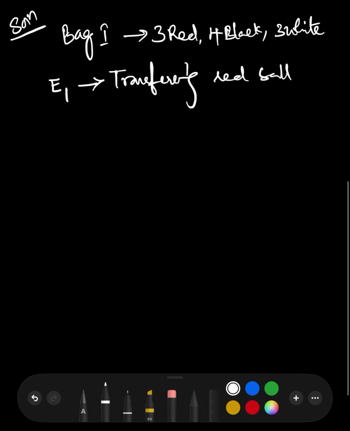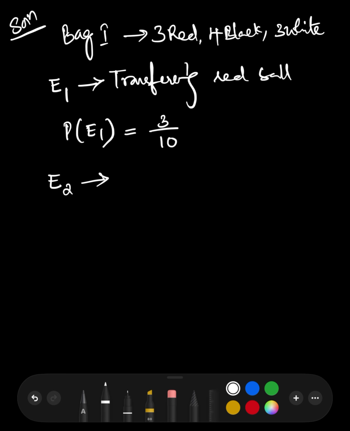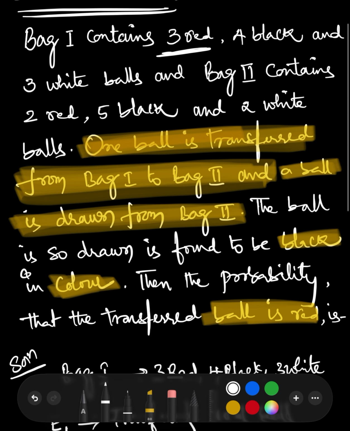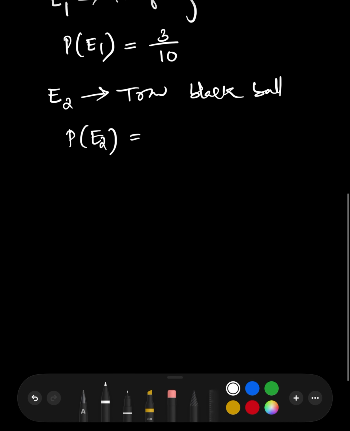There are 3 balls, so the probability of E1 equals 3 by 10. Now or else E2, transferring a black ball, so P of E2 equals, 4 black balls are there, so it is 4 by 10.